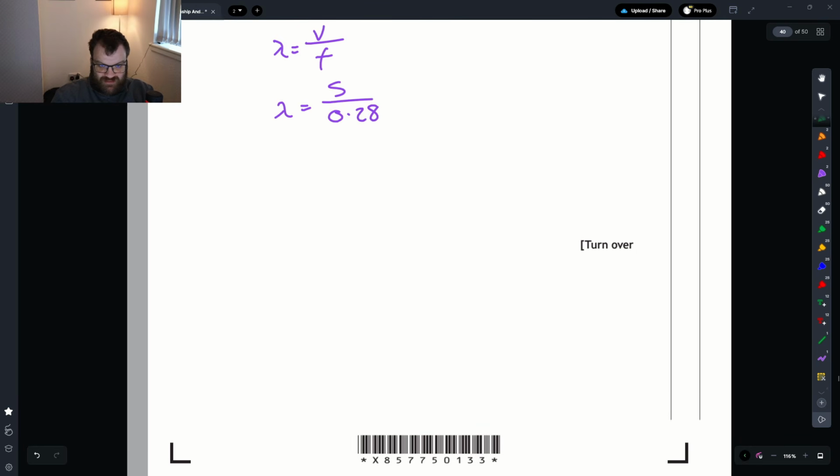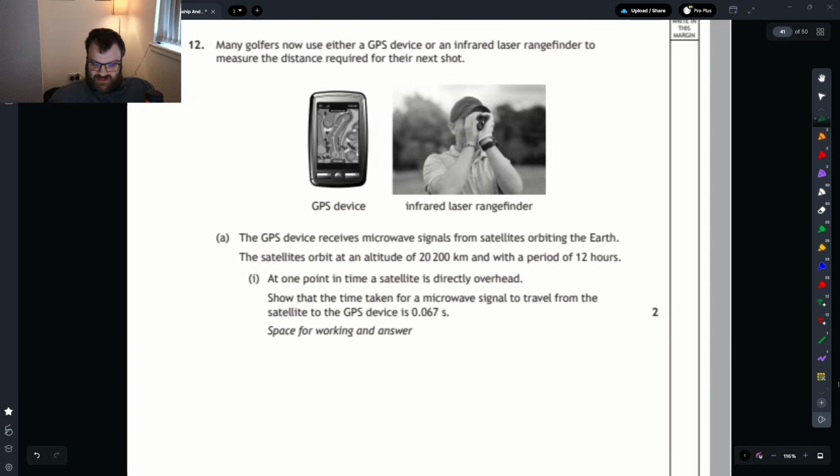And this will give us in meters, which I presume is what they want. So 5 over 0.28 gives you 17.9. And that is meters. Done with that one.